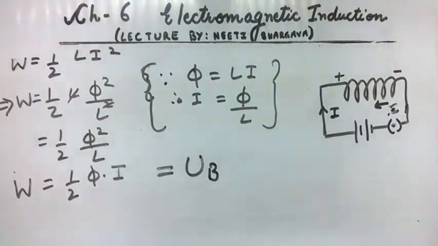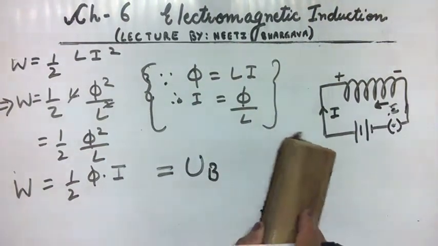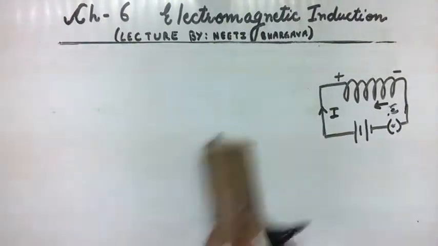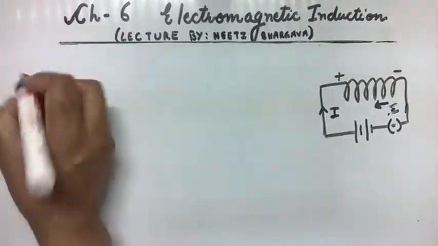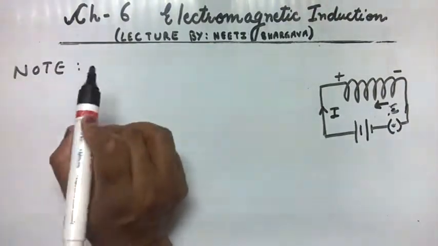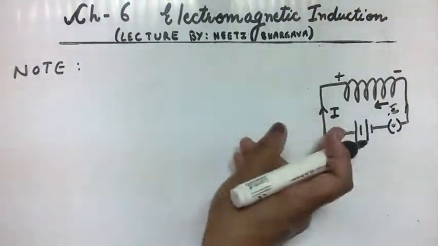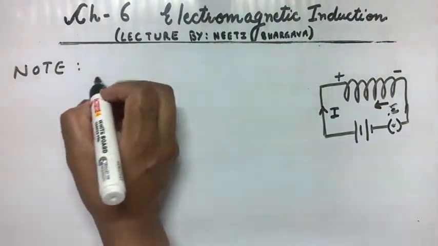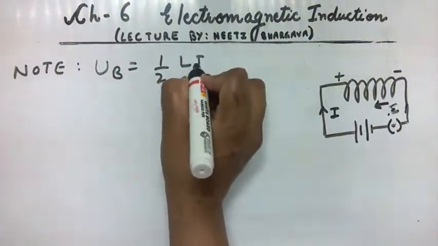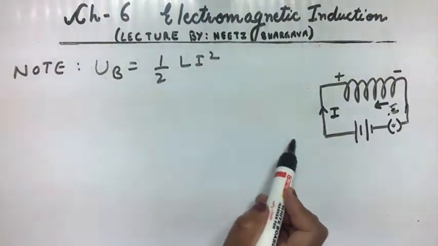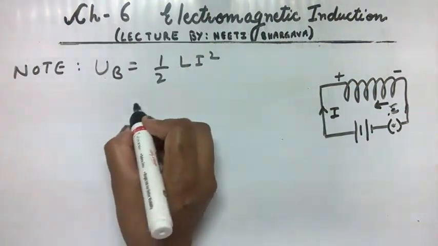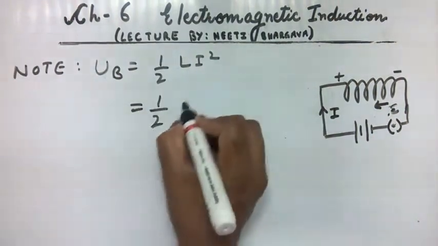Now note that magnetostatic potential energy in an inductor is half L I square, and electrostatic potential energy, which is stored in a capacitor, which we have studied earlier, is half C V square.